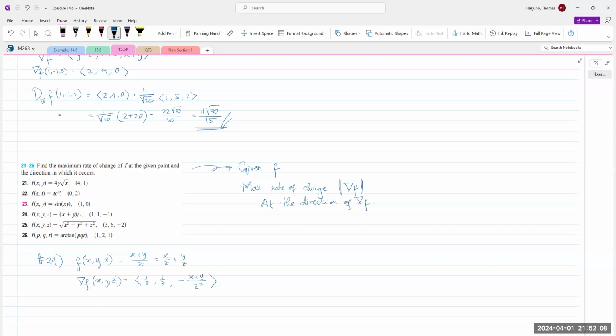Okay, so then the gradient at (1, 1, -1) will be (-1, -1, ... 1, 1, that's 2, that's -2, huh? (1, -1, -1, -2).